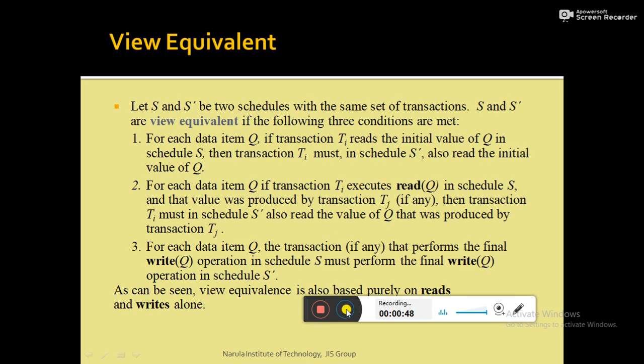Now, in my just previous lecture, I have already discussed the concept of serializability. Also, I have discussed conflict serializability. But now in this lecture, I will cover view serializability. Now, conflict serializability as well as view serializability, what is their utility? If a schedule S is conflict serializable, or if a schedule S is view serializable, then the concurrent execution of multiple transactions based on that particular schedule S will keep the database system in a consistent state.